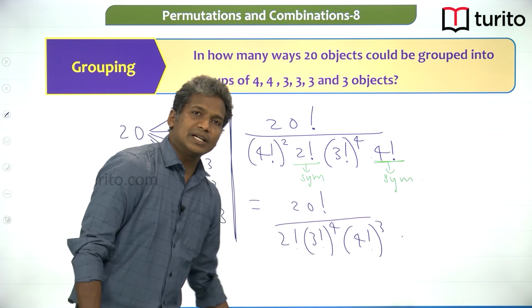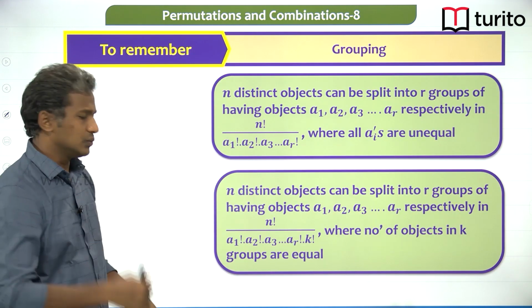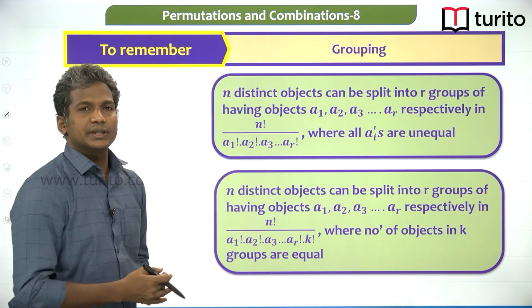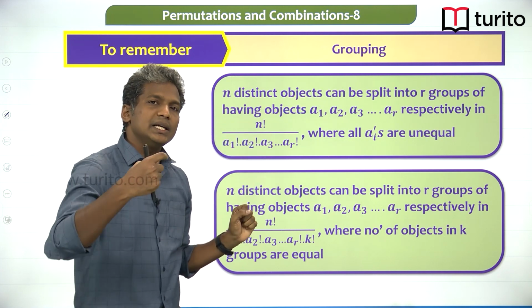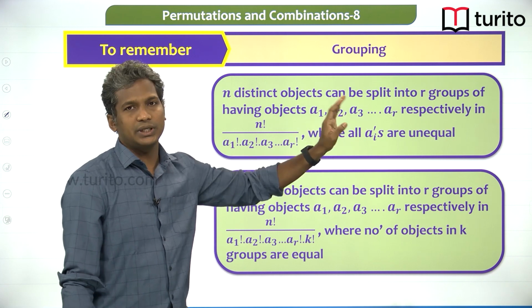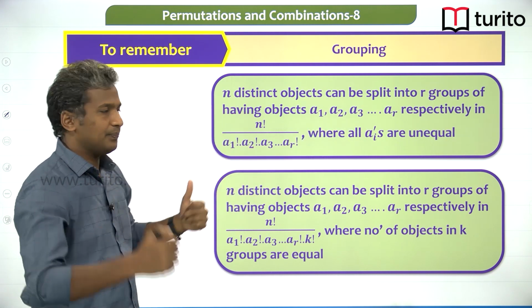Now let us have a look at whatever we have understood here. Let us have a look at the conclusions. So let us say there are n distinct objects and you want to split them into R groups, and each group is having A1 members, A2 members, A3 members and so on till AR. So what happens when we go by the formula?